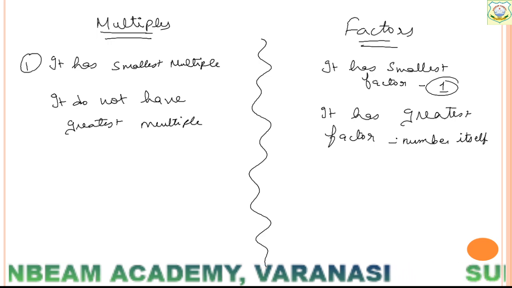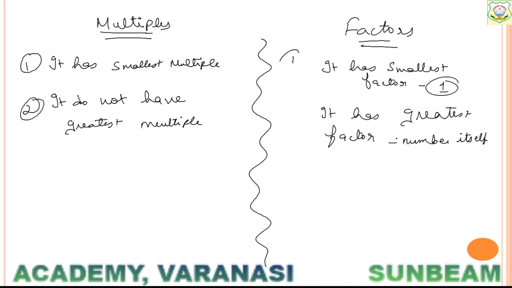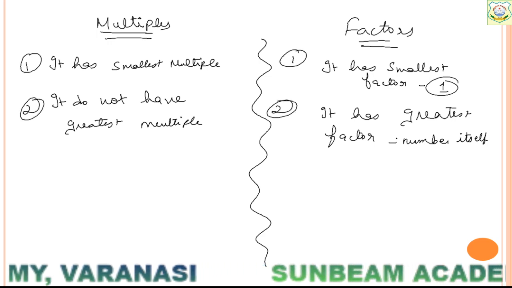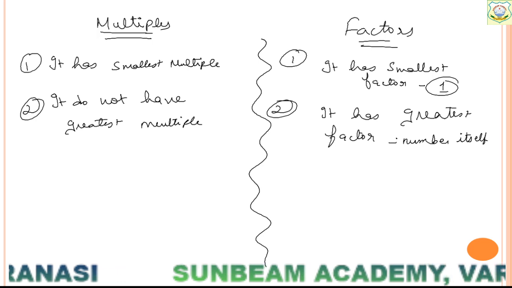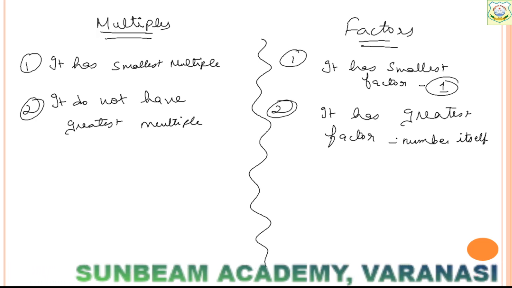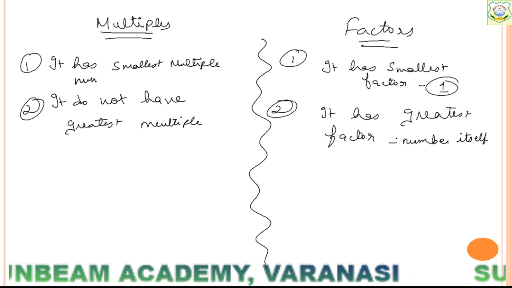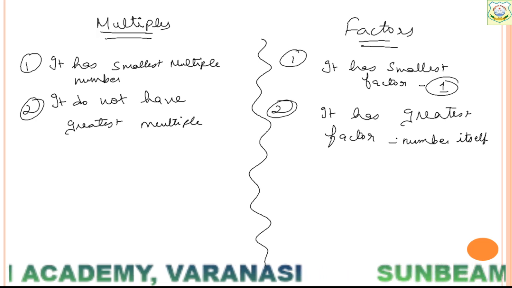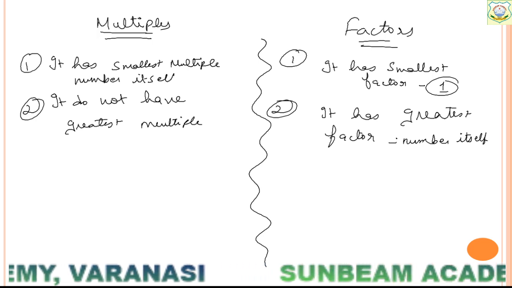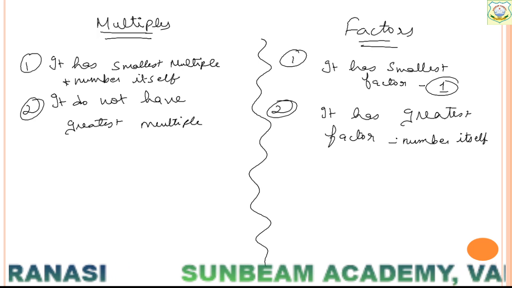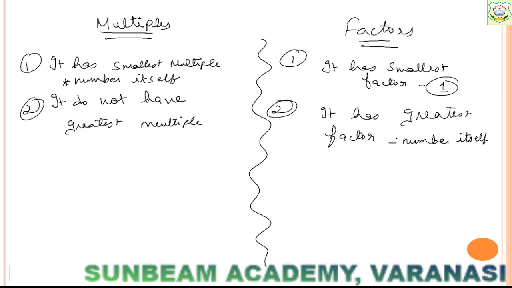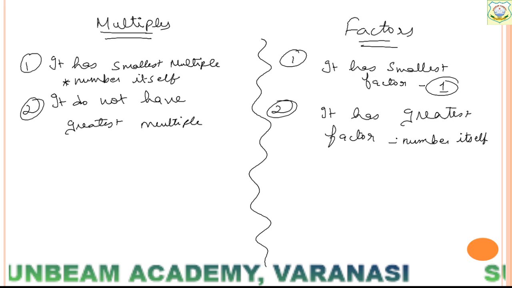So this is the first point. This is the second point that you have to always remember. Right? It has smallest multiple, and that number will be number itself. Okay. If you want, you can write, it's your wish, but it's not required in the copy. And it do not have greatest multiple.